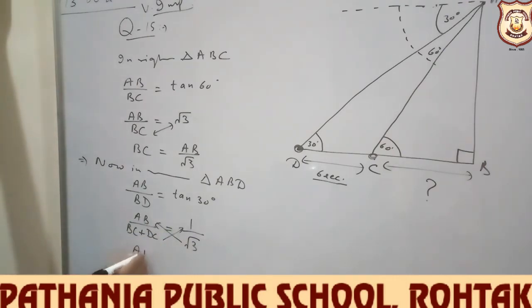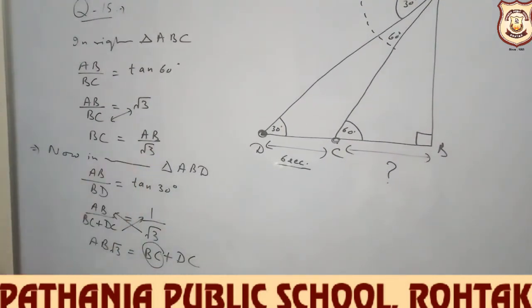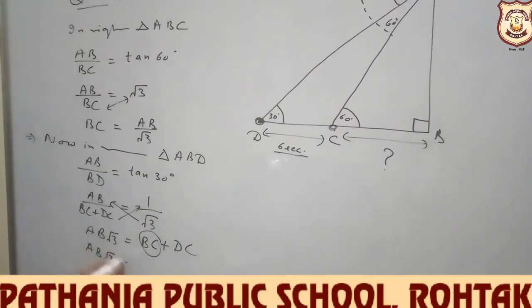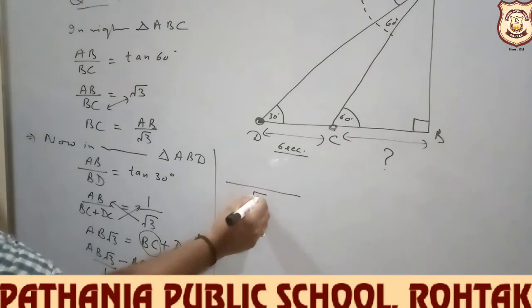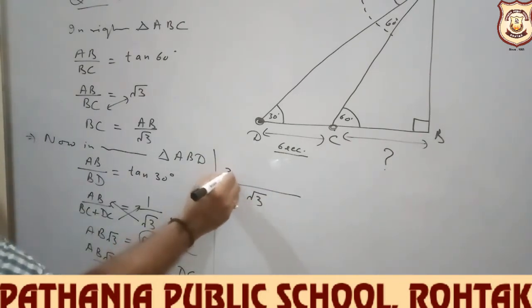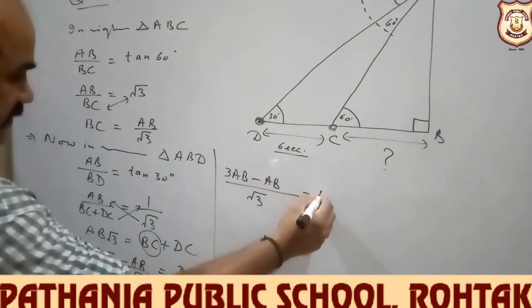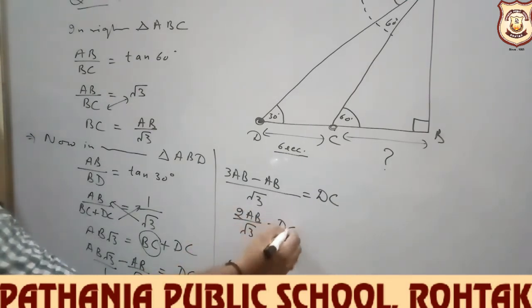So AB root 3 equal to BC plus DC. BC value you know how much? AB root 3, BC you will take on this side, AB root 3 minus AB by root 3 equal to DC. So root 3 becomes LCM, root 3 into root 3 is 3, 3AB minus AB equal to DC. 2AB by root 3 equal to DC.